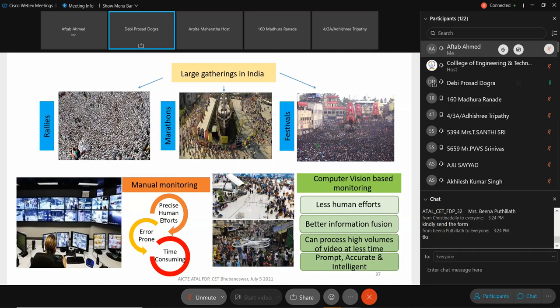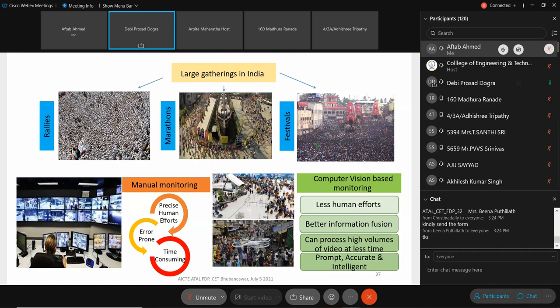It is error prone and it is time consuming. So the three important points related to manual monitoring is that it requires precise human efforts. Somebody has to constantly watch the CCTV and understand whether something is wrong or not.